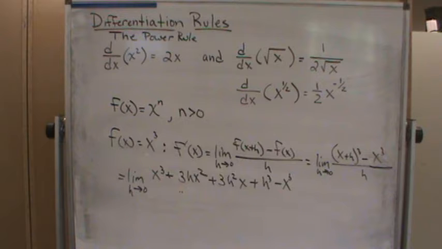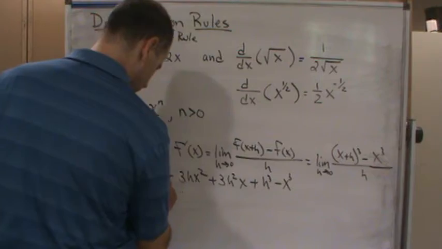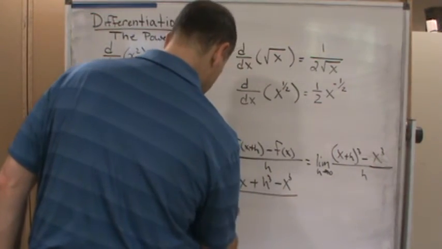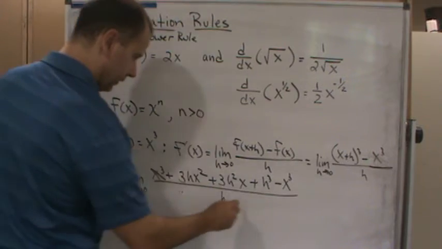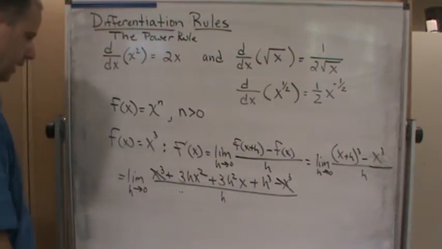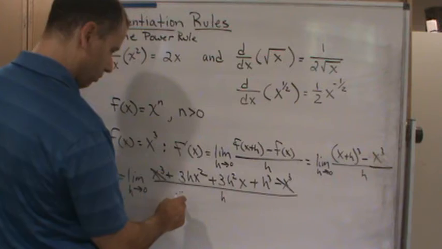Okay, so now, obviously on the bottom we have h. And so, as we've seen before, these are going to cancel. And then we can factor out an h, right?